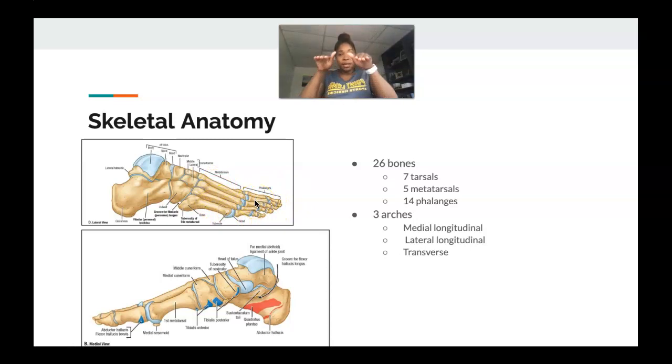We also have arch-like structures within the foot, and those 3 arches are the medial longitudinal arch, which provides massive amounts of support to the medial side of the foot. We have the lateral longitudinal arch, which is important in gait and provides lateral stability to the lateral side of the foot.